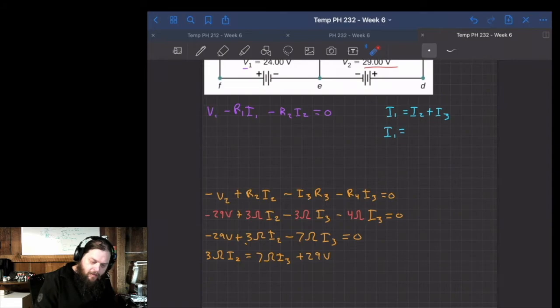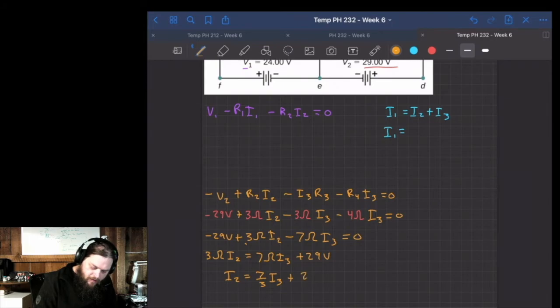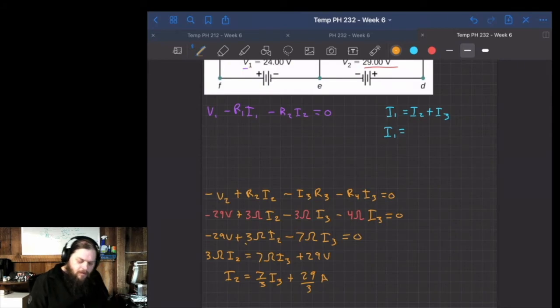I have to divide everything by 3 ohms to get I2 isolated. Forgot one step. So I2 is going to be equal to 7/3, the ohms actually cancel out, times I3, plus then 29 divided by 3. I'm just going to write that 29 over 3. But voltage divided by resistance is going to equal current, or amperage, so I'm going to write that as amps. So that's a value we have now of I2 in terms of I3. I'm going to use that for this blue equation and substitute that in.